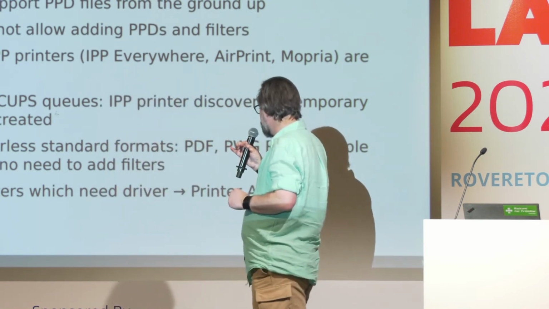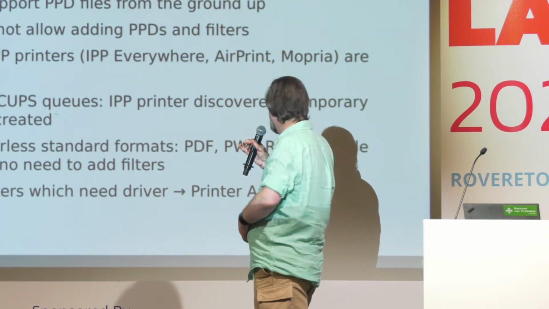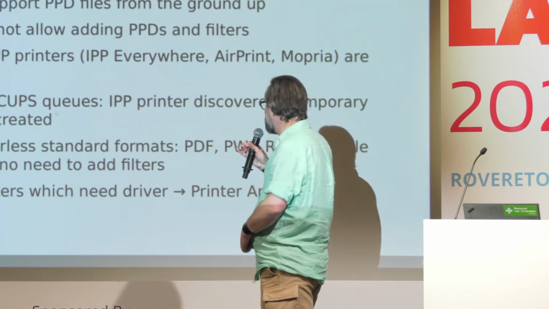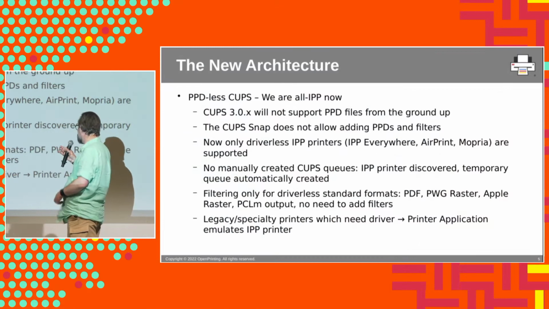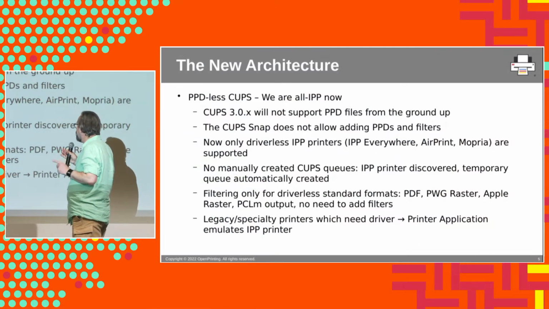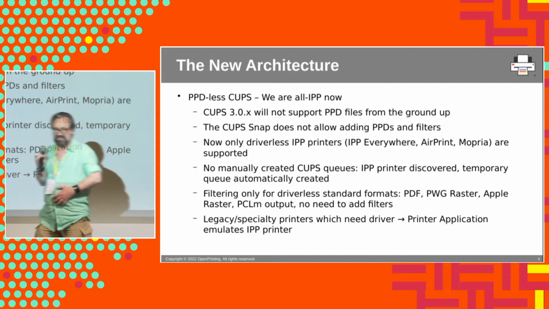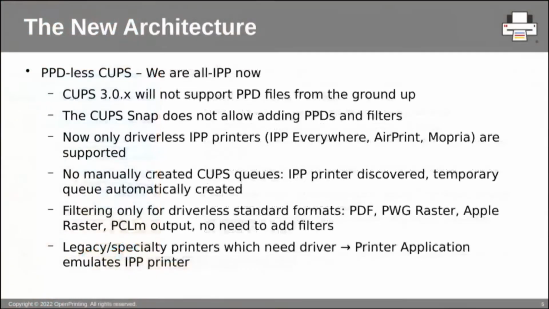So we now have only driverless IPP printers supported, and we cannot manually create queues anymore, because CUPS, already the CUPS of now, if you have a driverless IPP printer, automatically creates a temporary queue. And therefore, when we have only driverless printers, we don't need to manually create CUPS queues.